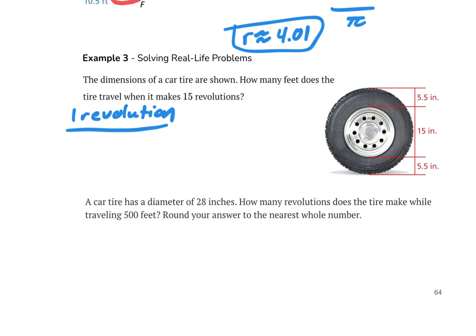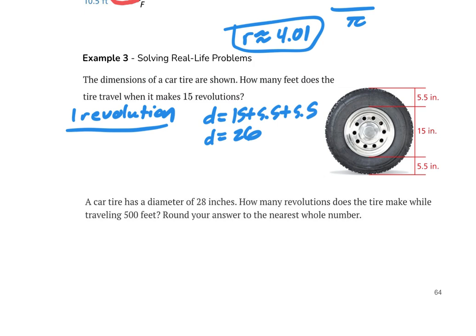But the easier way to do this is just find the diameter. So I'm going to do 15 plus 5.5 plus 5.5. I'm just going to find the diameter here. We don't really need the radius. I think the diameter is a little bit easier here. So the diameter would be 26.